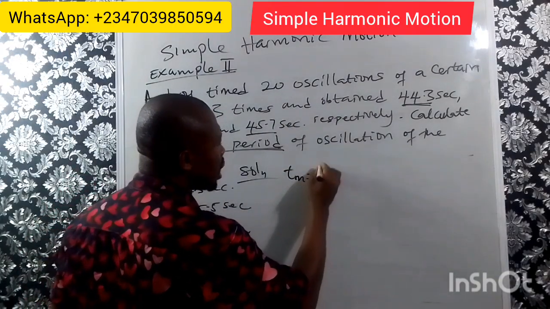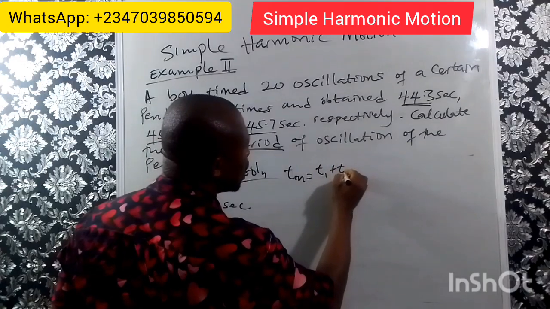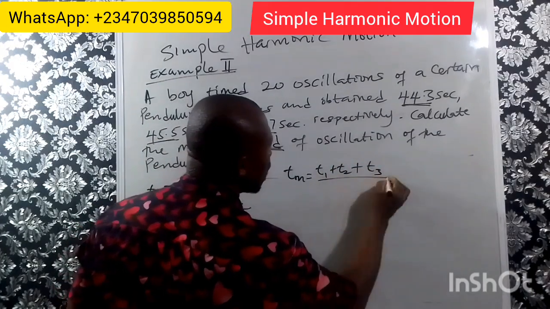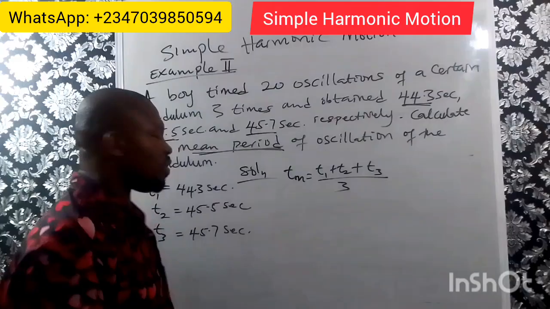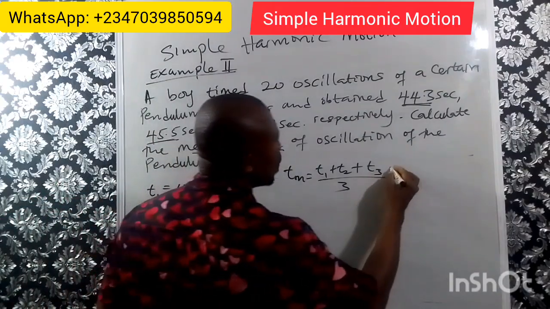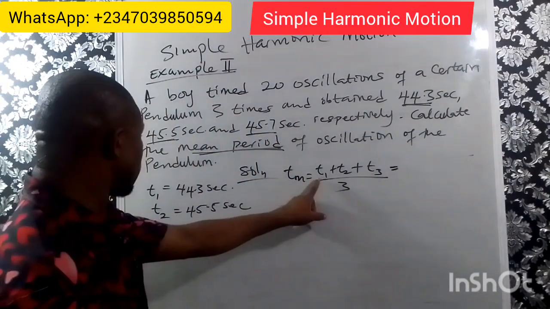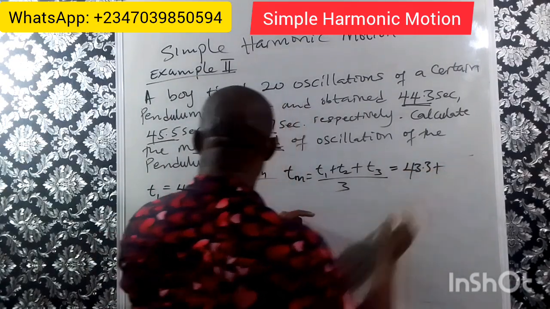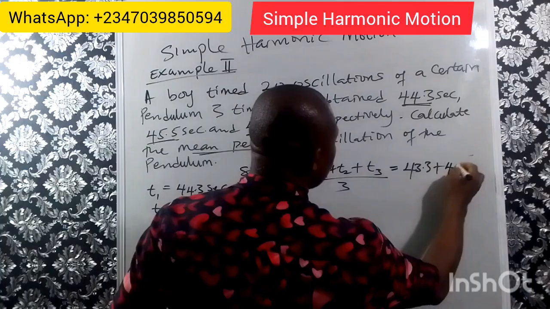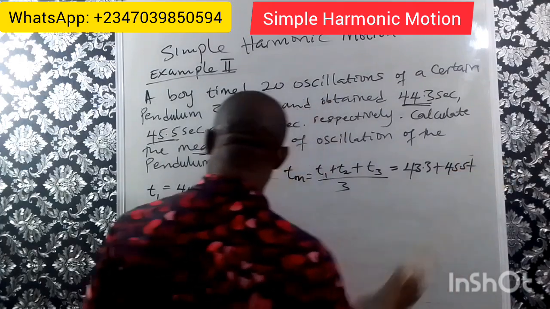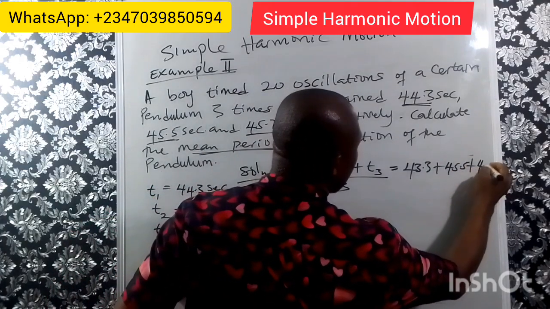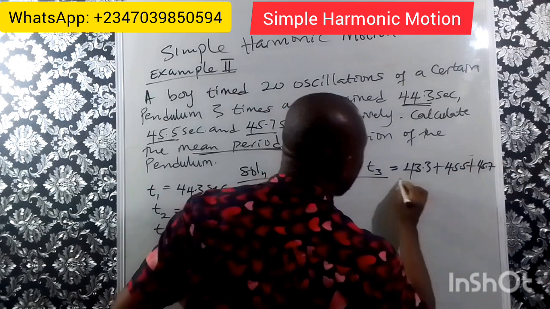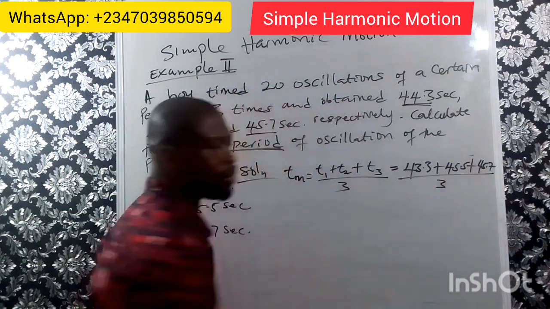T mean is T1 plus T2 plus T3 all over the number of values there, which is 3. So T mean is 43.3 plus 45.5 plus 45.7, everything divided by 3.